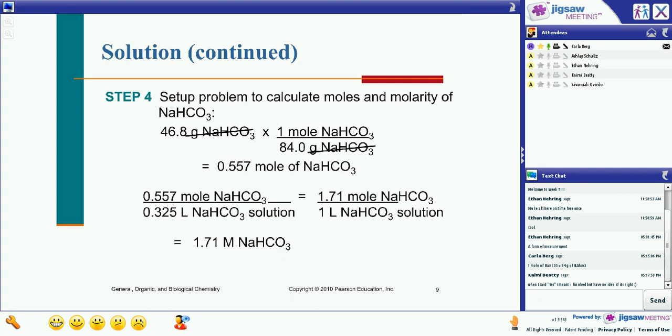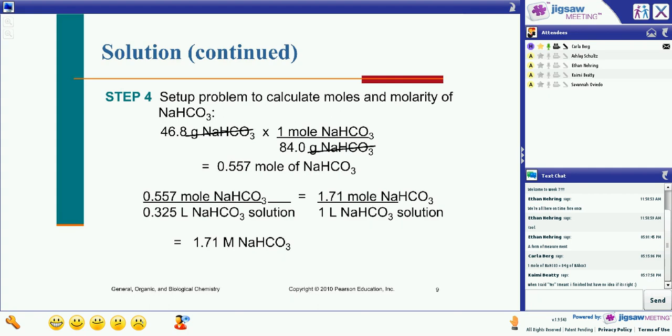You do 46.8 divided by 84, and the answer you get is 0.557 moles. That's the first part of our problem.